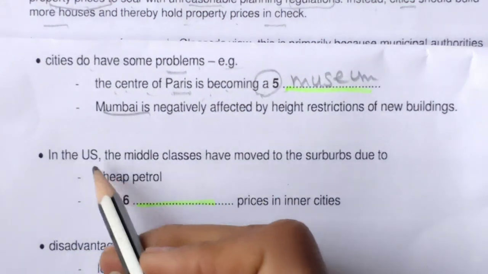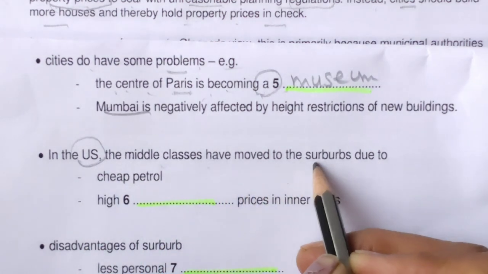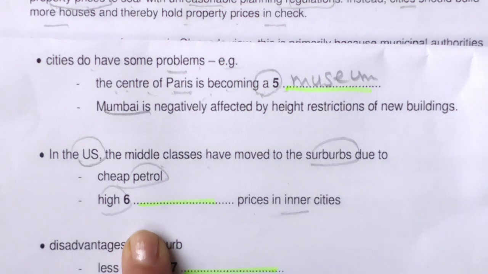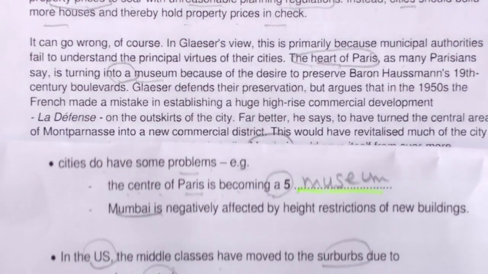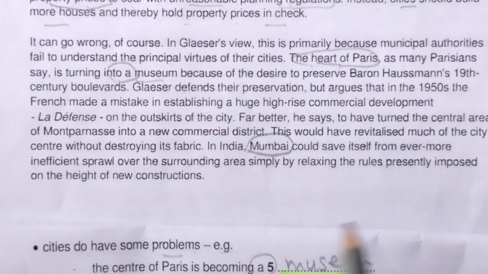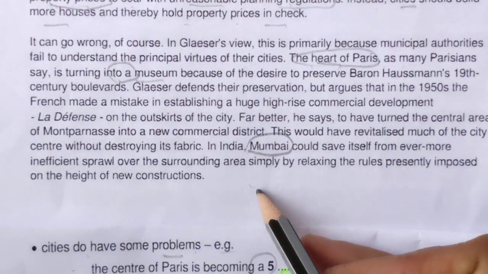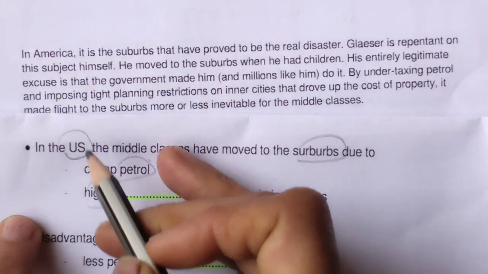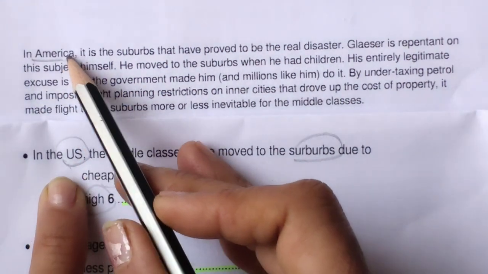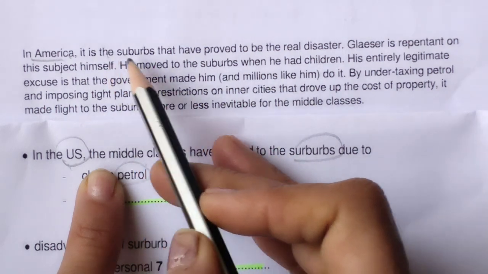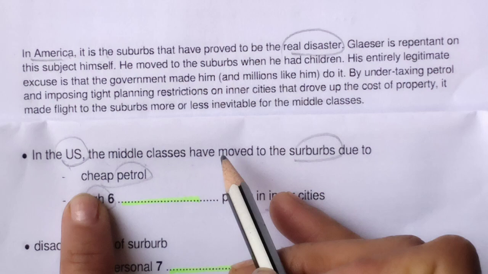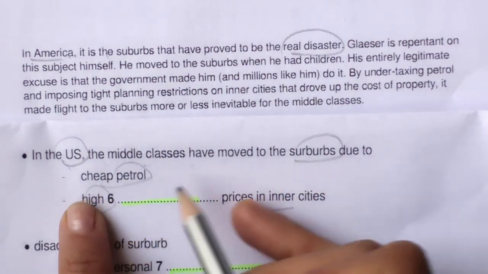Now the sixth question. In the US, the middle classes have moved to suburbs due to cheap petrol and high prices in inner cities. Okay. So in this paragraph nothing is there. Let's go to the next paragraph. In America, in the US, it is the suburbs that have proved to be real disasters. Okay, the middle class have moved to the suburbs due to cheap petrol.